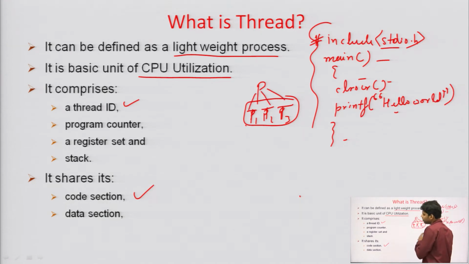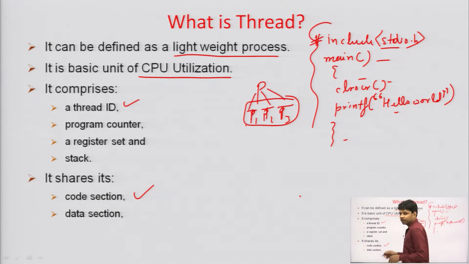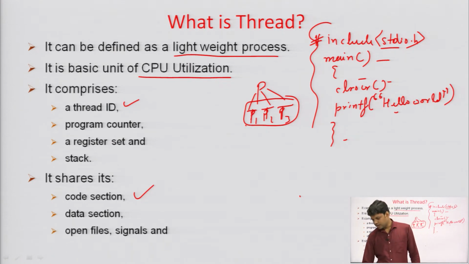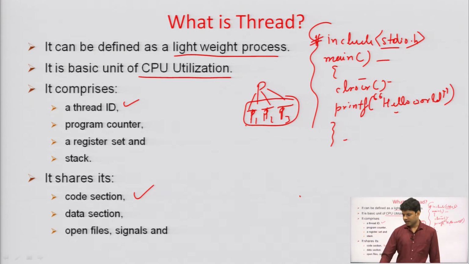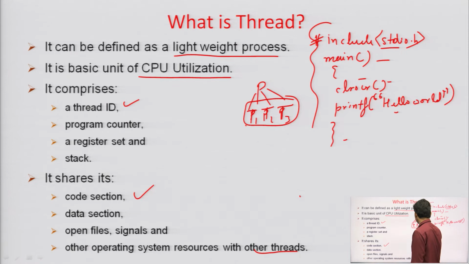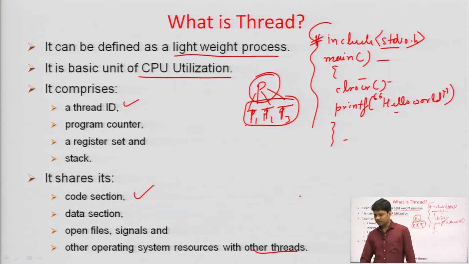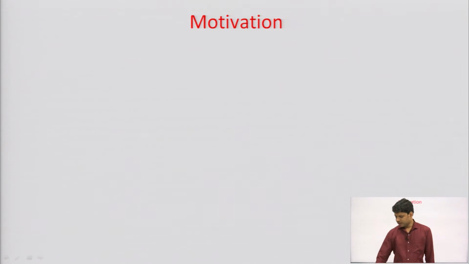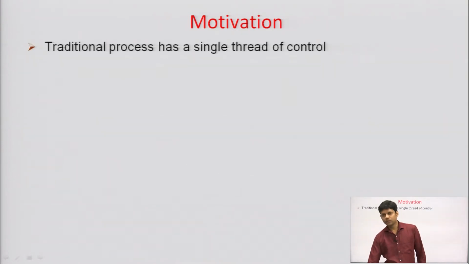Obviously it will share the code section, the data section, and open files, signals, and other operating system resources with other threads as well. So now we will see the motivation behind using threads.